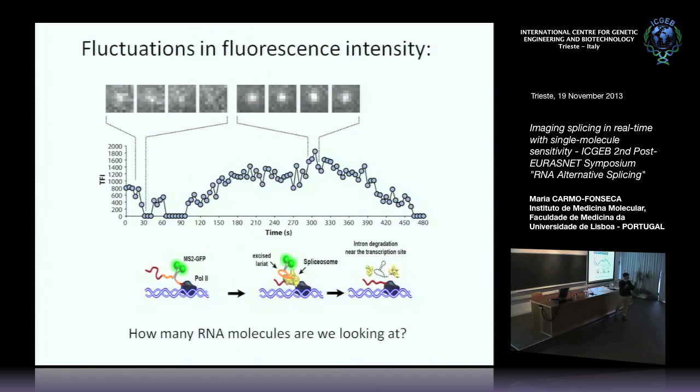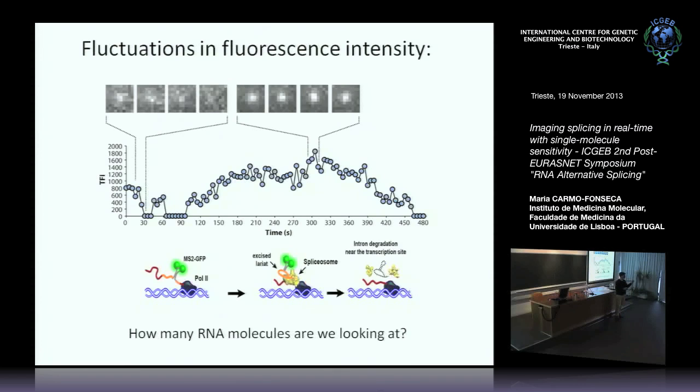So we use a trick to experimentally resolve how many RNAs we look at, and that trick was to treat cells with spliceostatin, which has already been mentioned yesterday. It's a very potent splicing inhibitor, and we know that when we treat cells with spliceostatin, unspliced transcripts are released from the site of transcription and diffuse around in the nucleus.